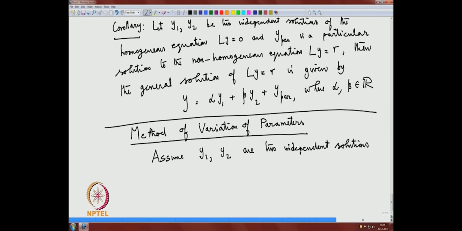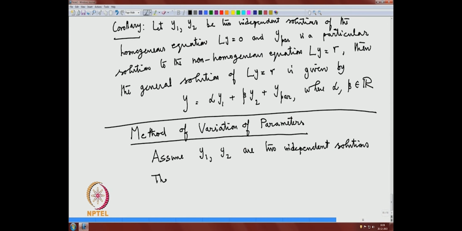Now, we have two solutions y1 and y2. We use these two solutions. If you take a linear combination of y1 and y2 in the form c1 y1 plus c2 y2, that is going to be only a solution to your homogeneous equation. So, if you are looking for a solution to your non-homogeneous equation, a linear combination of y1 and y2 with constant coefficients is not possible.